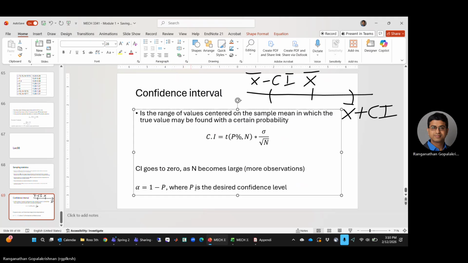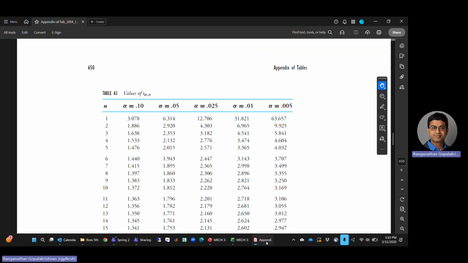Meaning if my confidence level is, let's say, 90%, 1 minus 0.9 would be alpha of 0.1, and I would look in the first column.